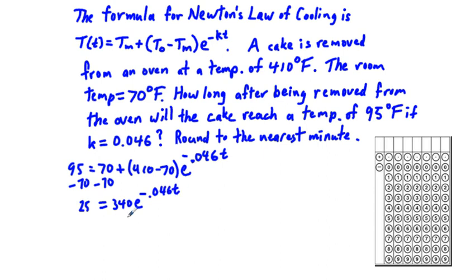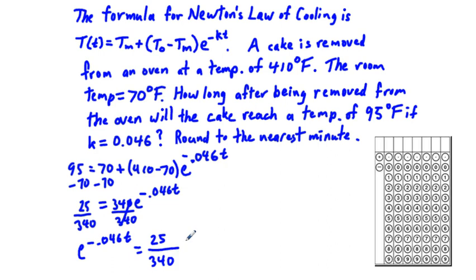If we divide by 340, I'm going to work below here. We have e to the negative 0.046 t is equal to 25 over 340.